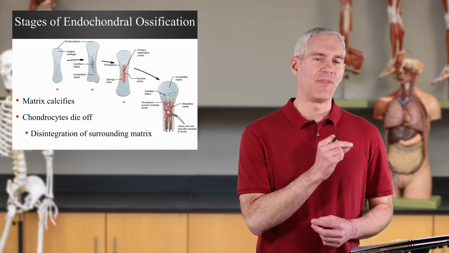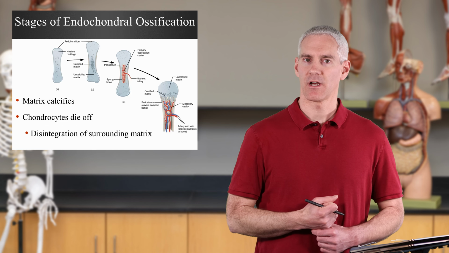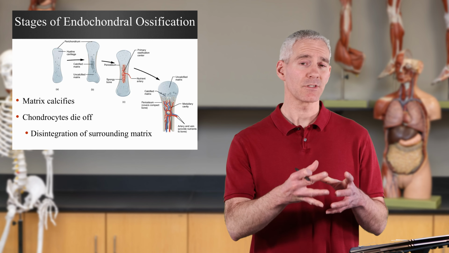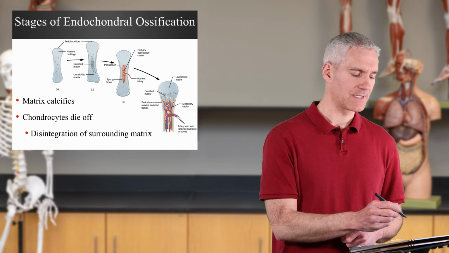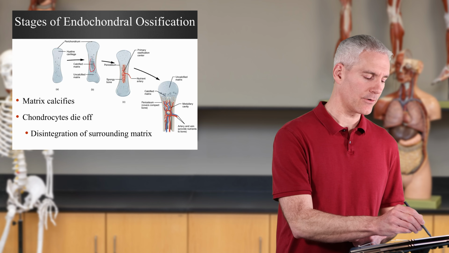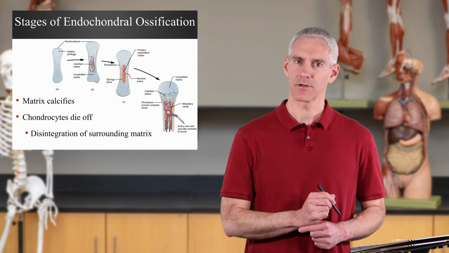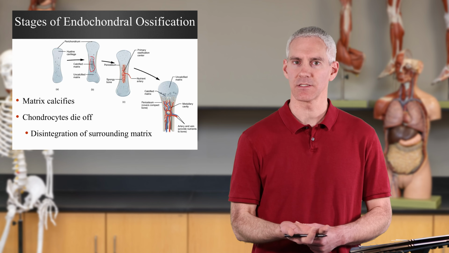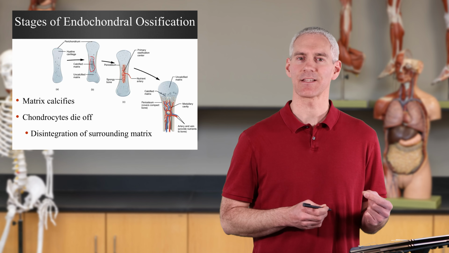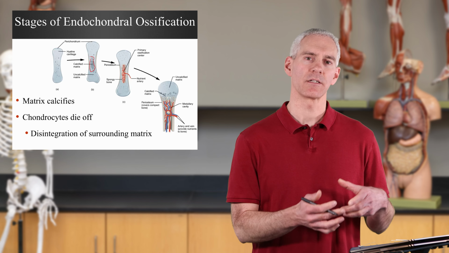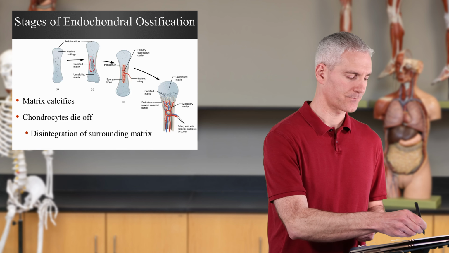But now, that's when the actual formation of bone can start. It starts off very slowly, very subtly. What happens is, you'll have areas inside the cartilage that start to become calcified. These calcified areas inside the cartilage start to cause the chondrocytes to die off.